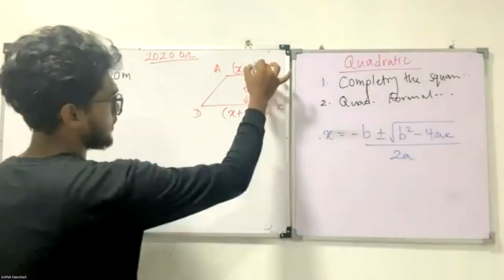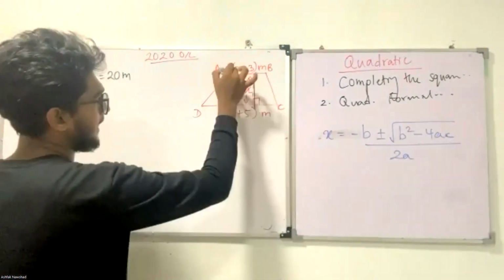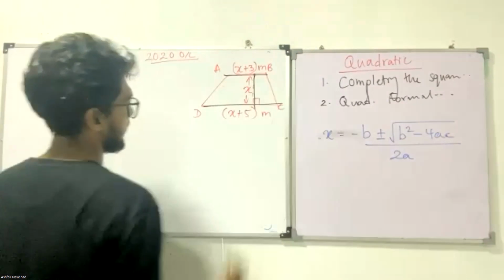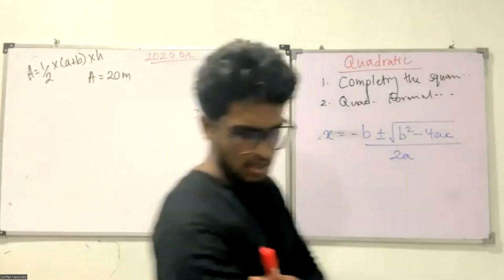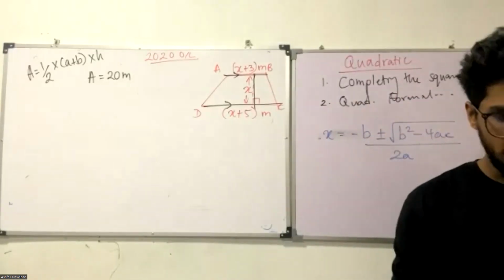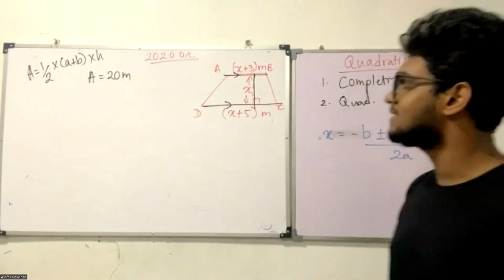This is the perpendicular height, and a and b are the two parallel side lengths. These two are a and b. Half into a plus b into height. Exactly. Right.